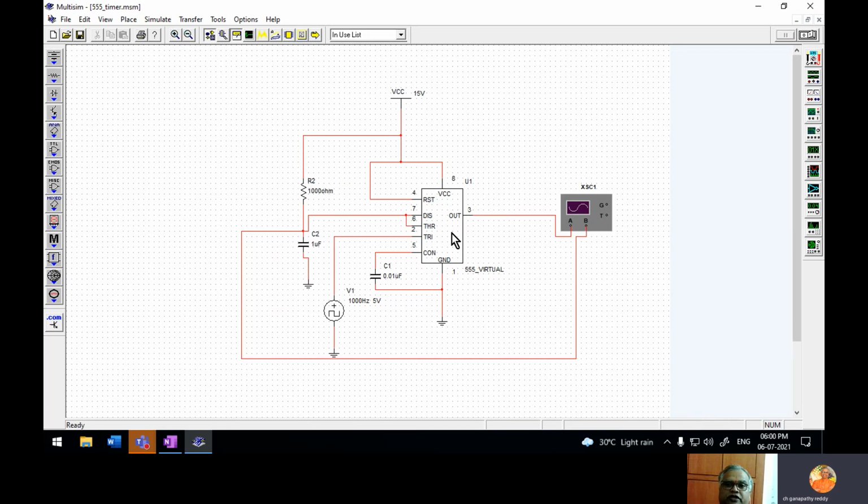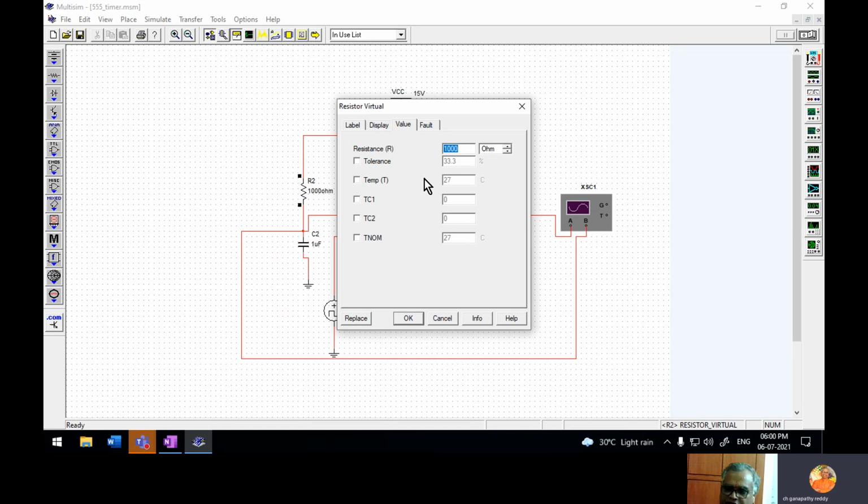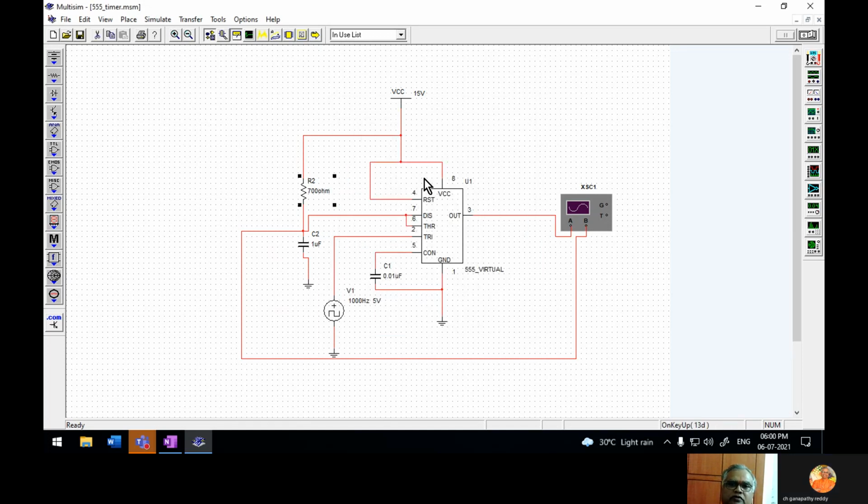So this is the 555 timer IC. 6 and 7 are shorted. 4 and 8 are connected to the power supply of 15 volts. You can apply 5, 10, anything. And here for R2 I have taken 700 ohms, and C of 1 microfarad.